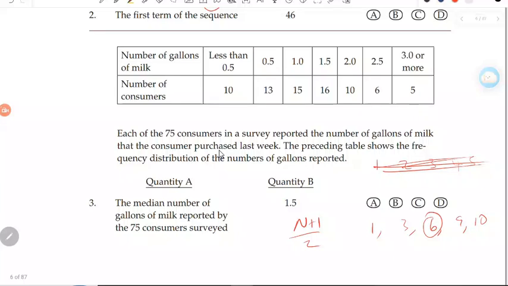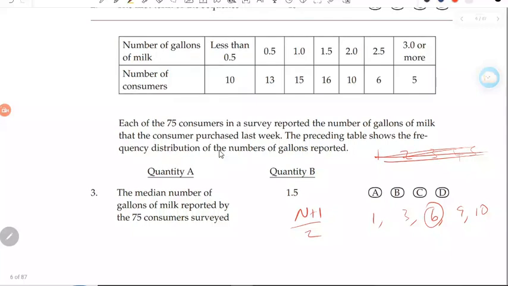75 plus 1 divided by 2 is 38. So we are going for the 38th number.